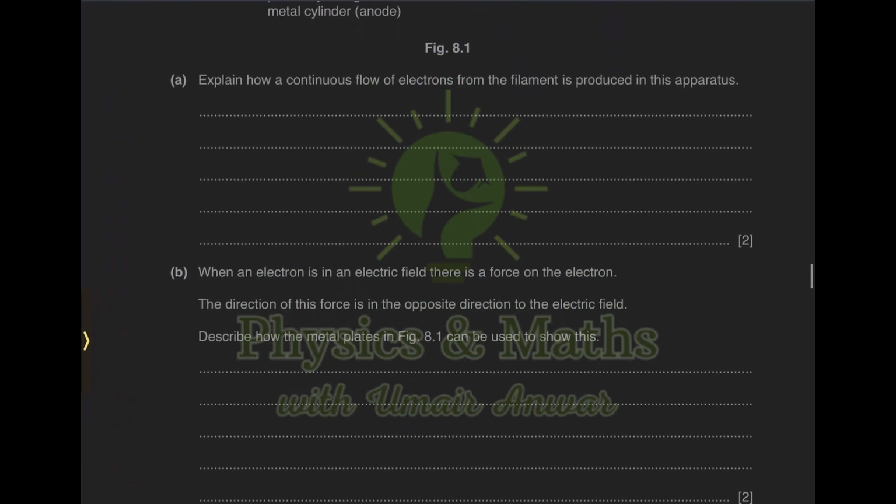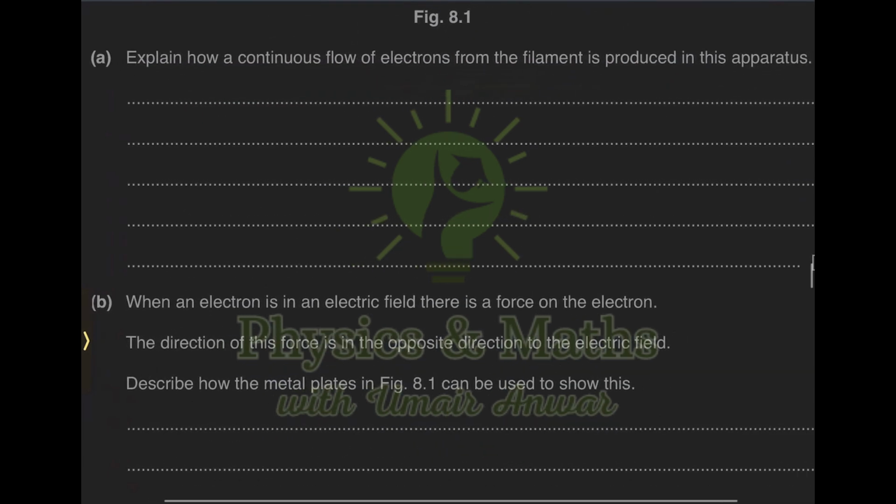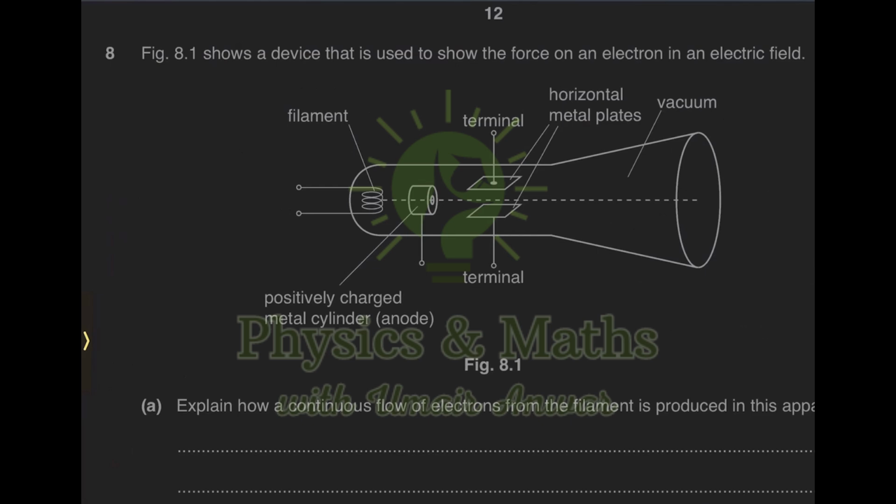Now the first part says explain how a continuous flow of electrons from the filament is produced in this apparatus. For the continuous flow, we do 2 things. Number 1, this filament is heated and it is connected to a battery over here, because of which a large current flows through the filament and the filament gets heated, so the electrons are emitted from the filament through a process which is called thermionic emission.